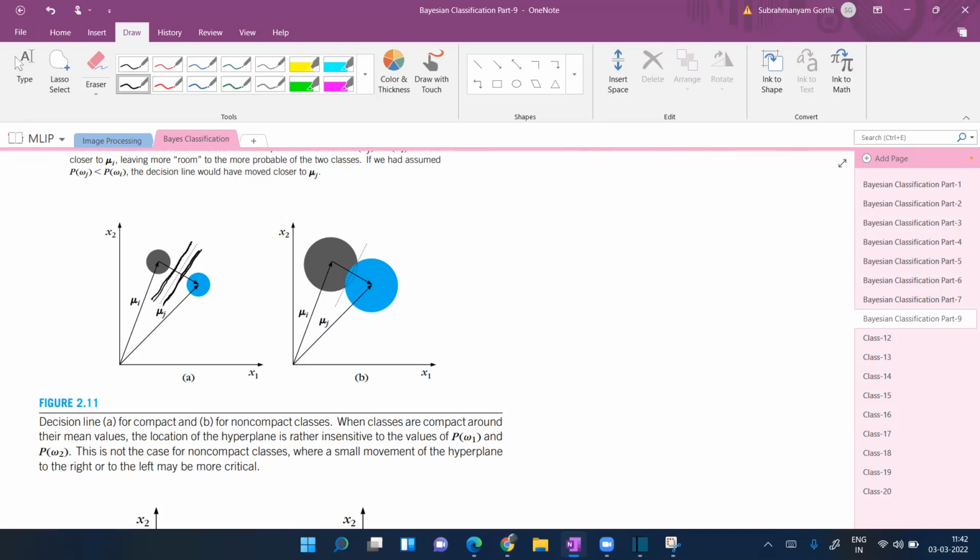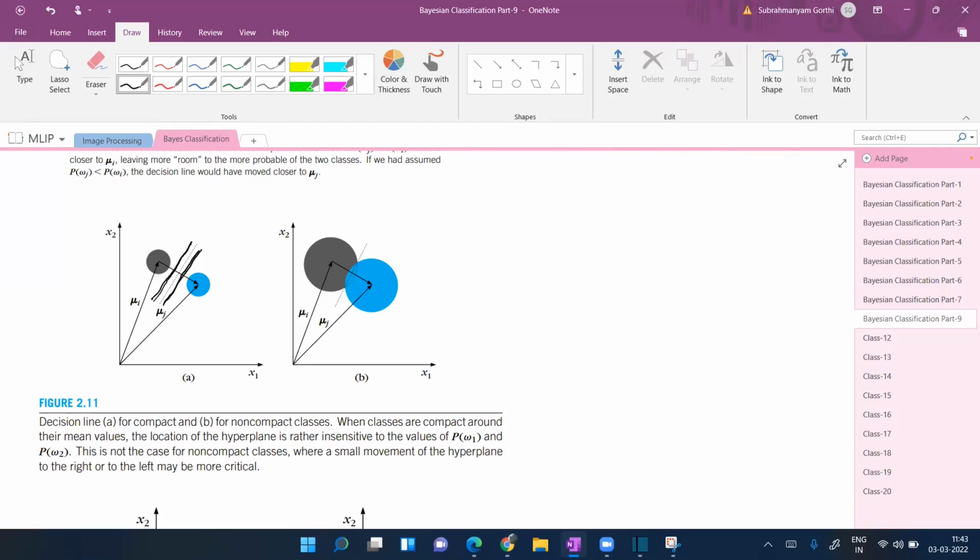So this becomes less when each class is compact. In other words, when the covariance of each class is small, the decision planes are less sensitive to the values of prior probabilities. This is, in practice, a very, very important observation. See, why is it so important? You might not know the prior probabilities of the classes accurately.